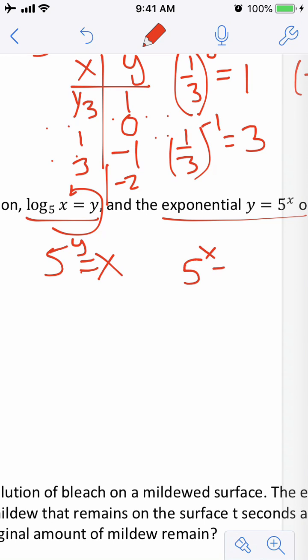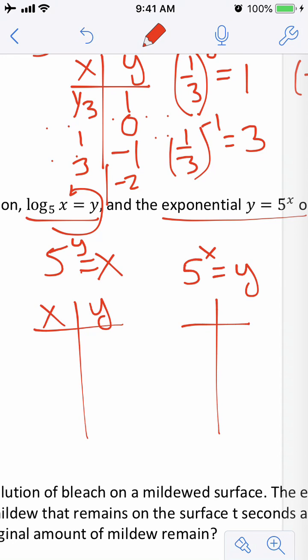So I'm just going to reverse the order here. Look at that. What do you do for an inverse? You switch the x and the y. What did we just do? We switched the x and the y, right? They are, in fact, the same. But let's take a look at that visually on the graph. Let's make the exponential table first. We're going to choose our x's, right?